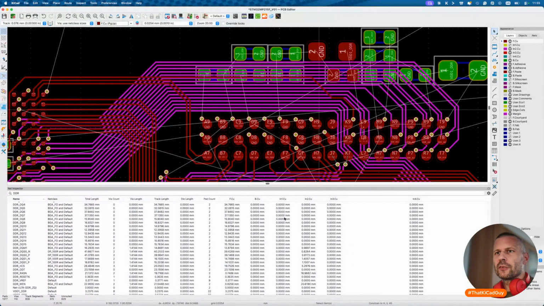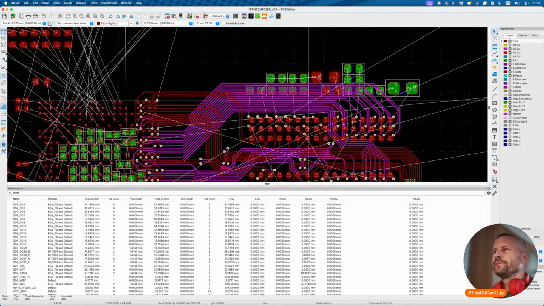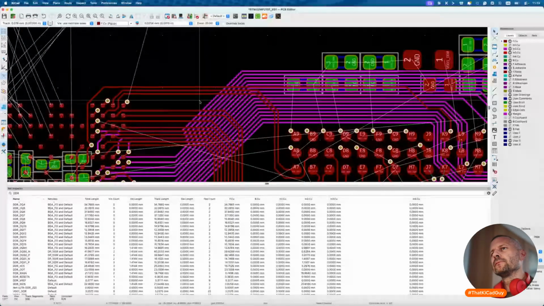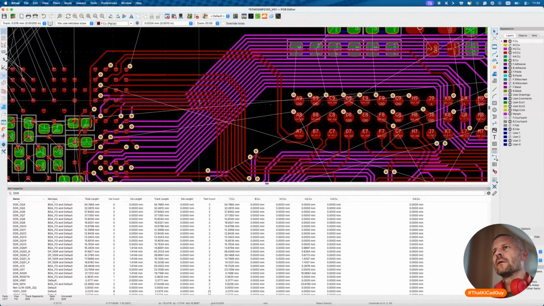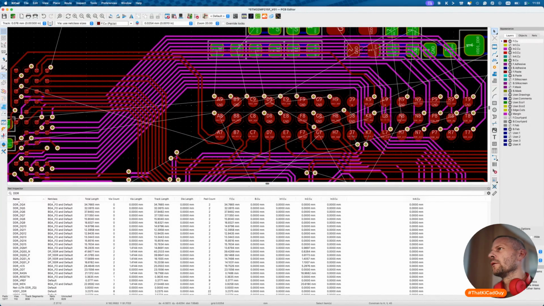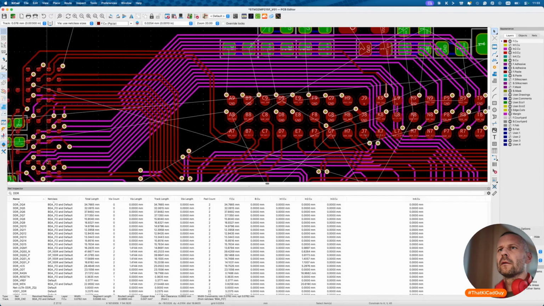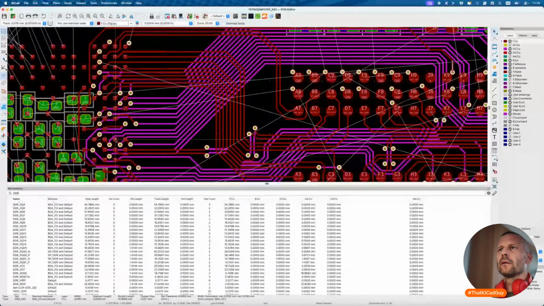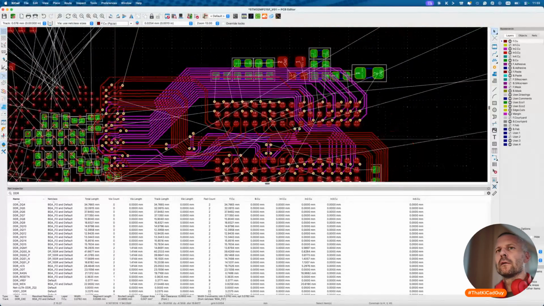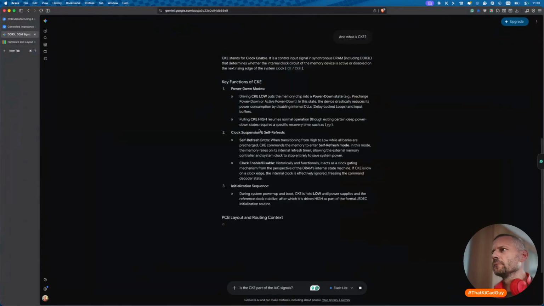If it's a control signal, it should be routed in the inner two, in the magenta, which, no, it's not a control signal.